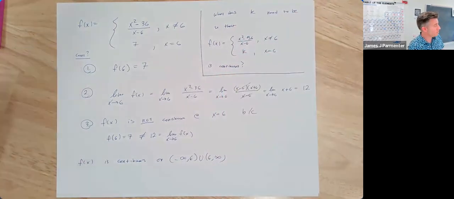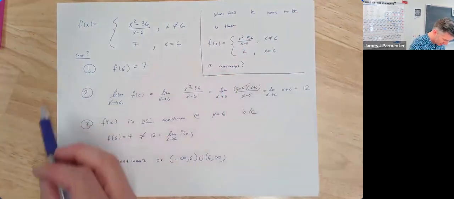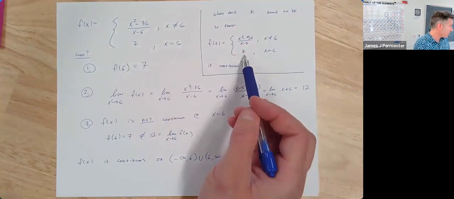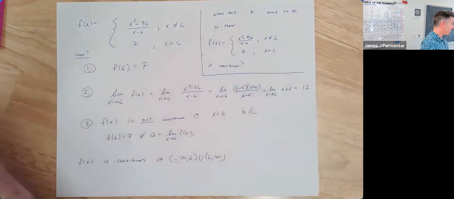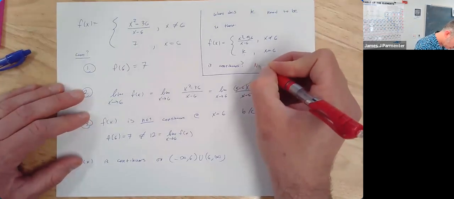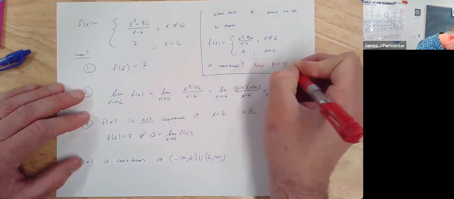Everyone should be able to look over here and see that our limit was this. So if I make that k value equal to 12, then that'll make this whole thing continuous, because then the function value will be 12 and the limit value will still be 12. So we need k equal to 12.